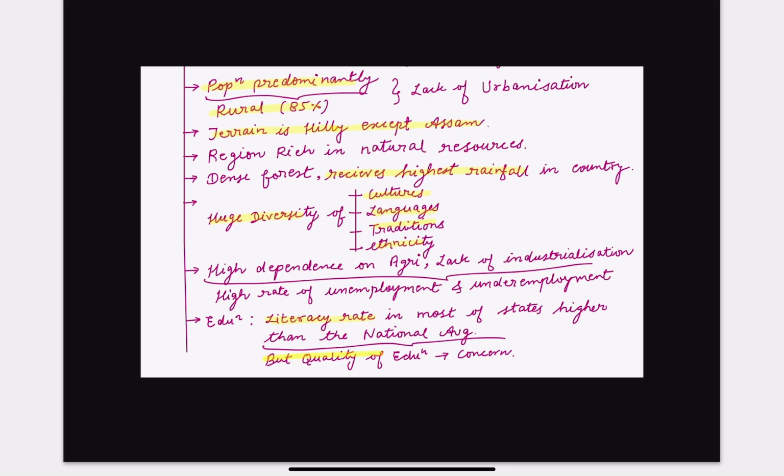But the quality of the education is a factor of concern. So this was about Northeast India. This was a very general discussion, and all these points discussed here will help us make an answer for insurgency existing in Northeast India, that we will discuss in upcoming parts.